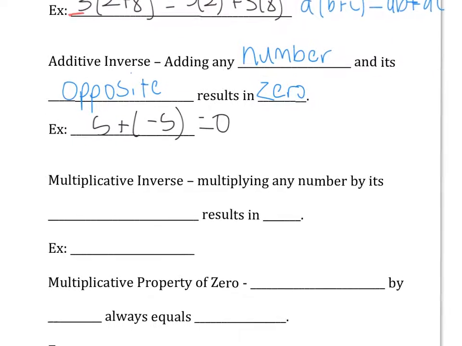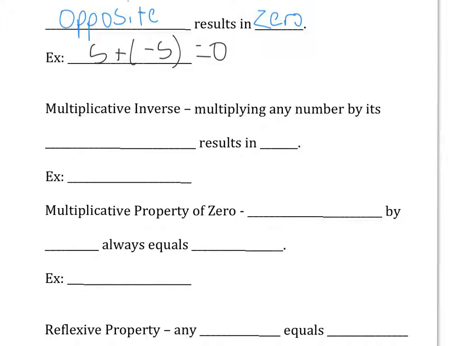All right, now the multiplicative inverse. The multiplicative inverse states that multiplying any number by its inverse, or think reciprocal, results in 1. So let's write here any number by its inverse, and then in parentheses, think reciprocal, results in 1.